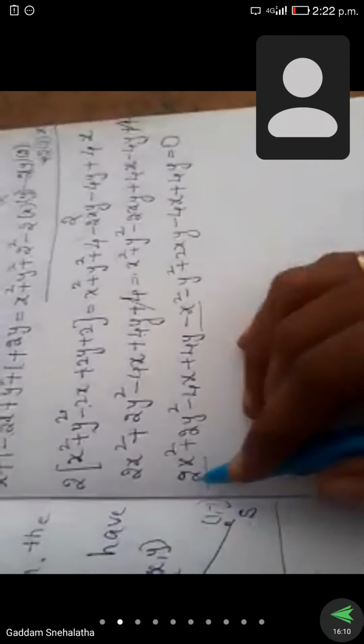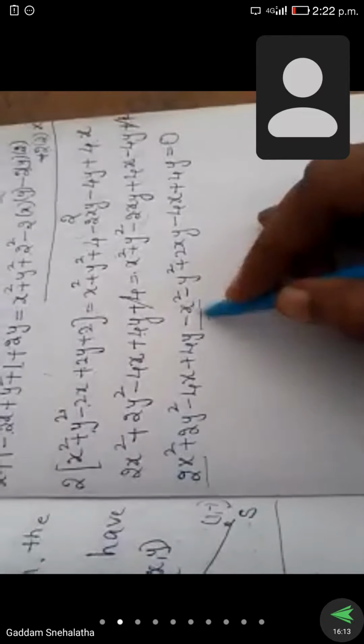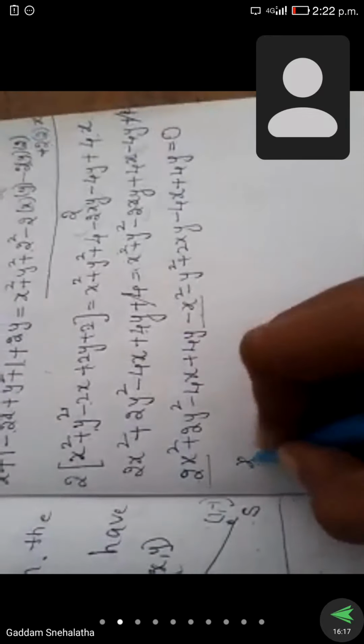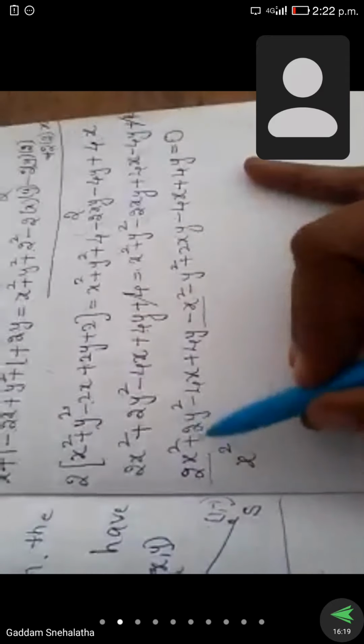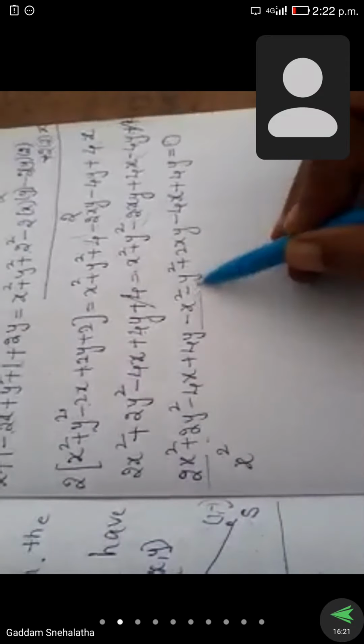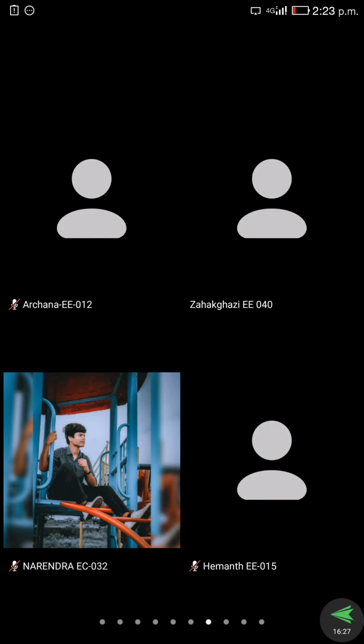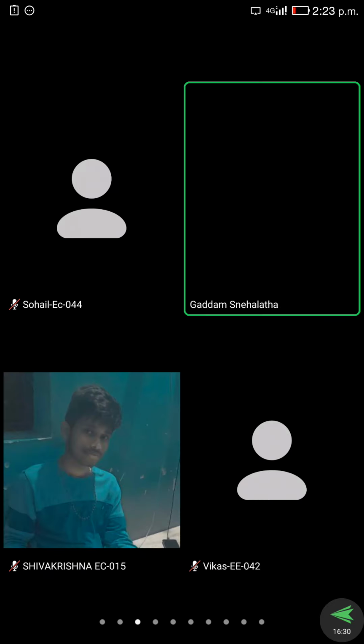Now simplify the x square terms first. Here I have 2x square minus x square, so plus 2 minus 1 is plus 1, that is x square. Same here also, plus 2y square minus y square is plus y square. Next write the xy term as this, that is plus 2xy.